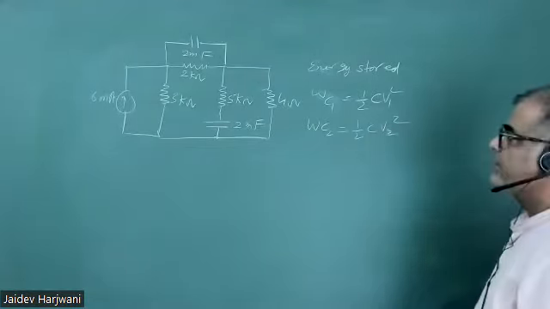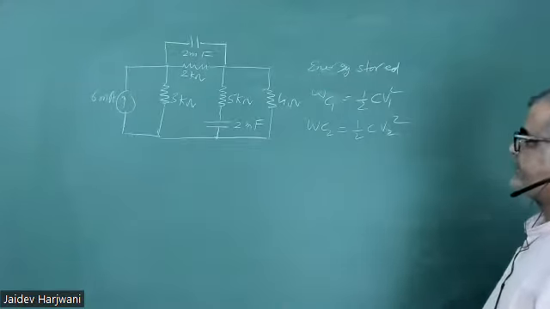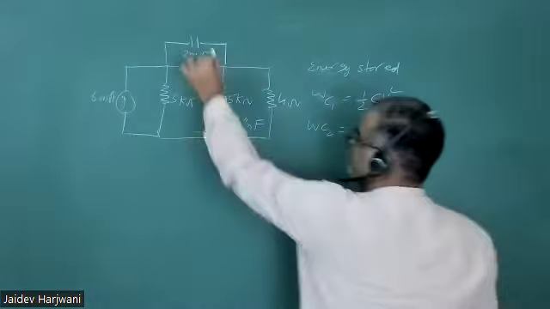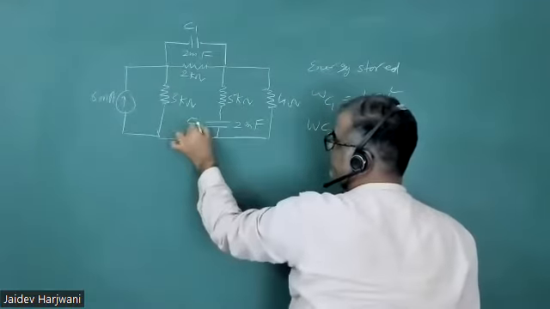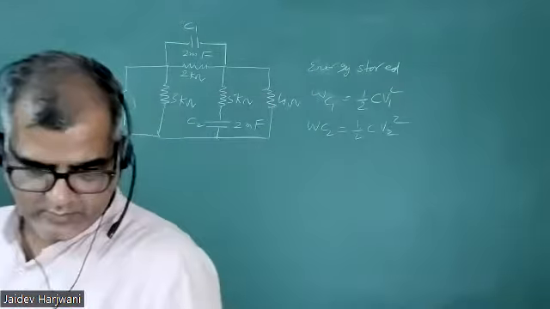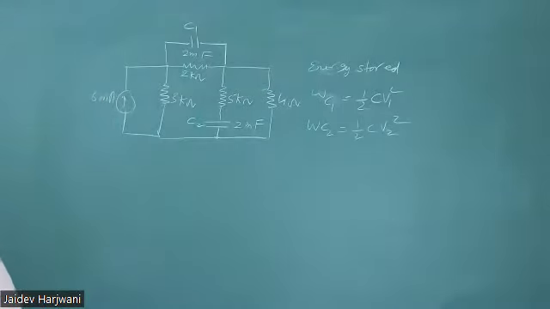Now the only thing is that you need to calculate the voltage V1, V2 across C1, C2. Say this is C1, say this is C2. Please find out the voltage now. कैसे निकालते हैं वोल्टेज बताओ? Capacitor open. Very good.